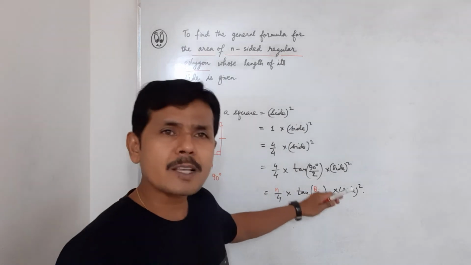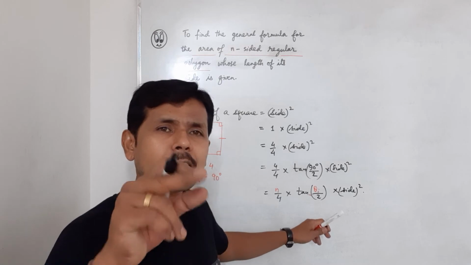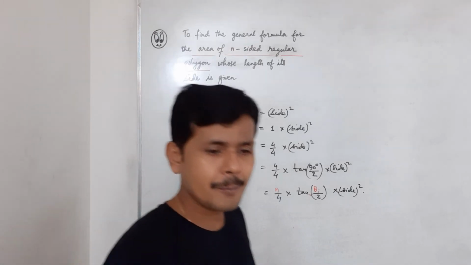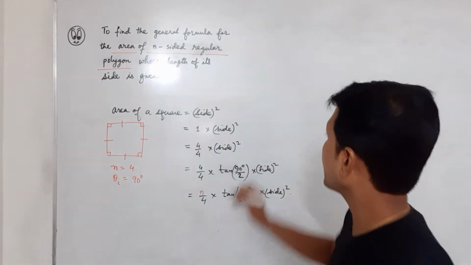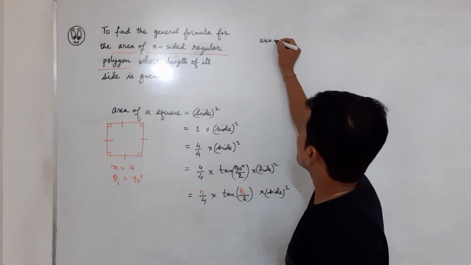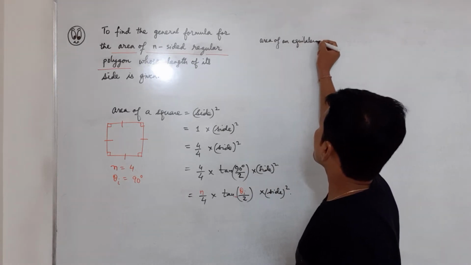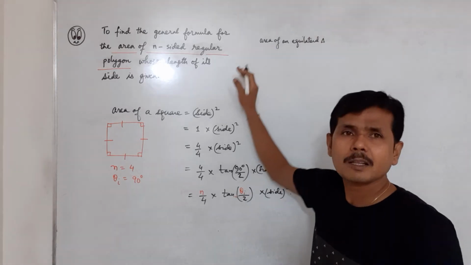When I used this formula for finding the area of an equilateral triangle, it really worked. Let us see. Area of an equilateral triangle. Now, how many sides are there for an equilateral triangle? 3 sides.